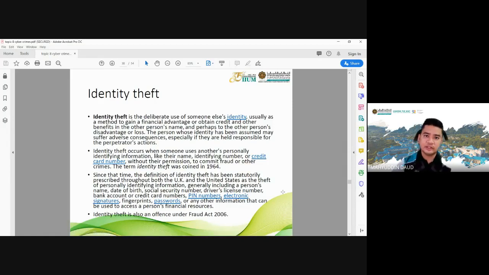Even our fingerprints now are all digital fingerprints. These are very confidential information, but there have been cases whereby people's digital identity has been stolen. So identity theft is also an offense under the UK Fraud Act.